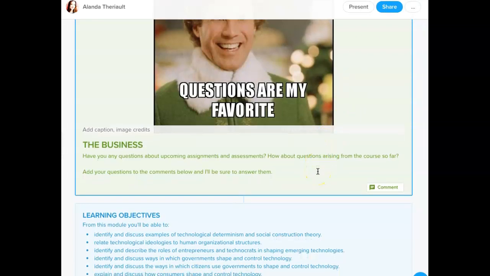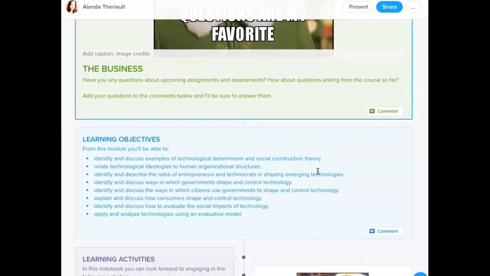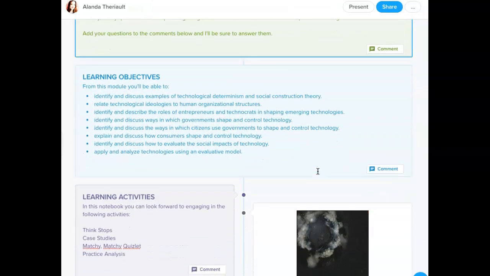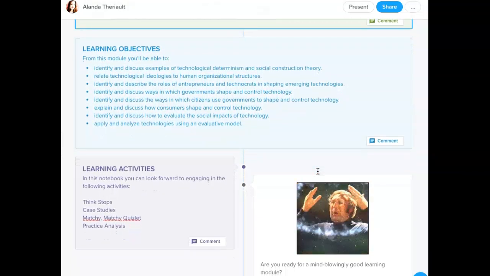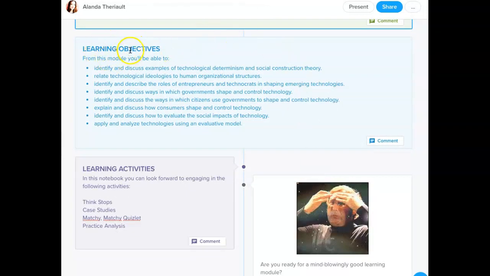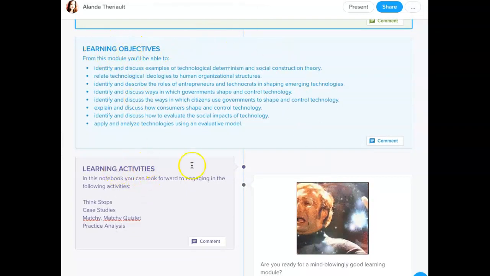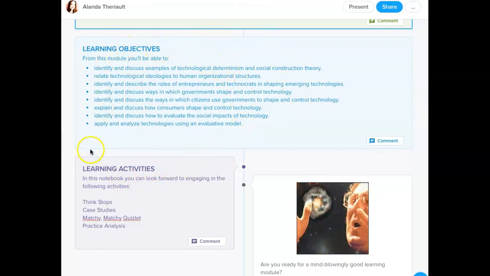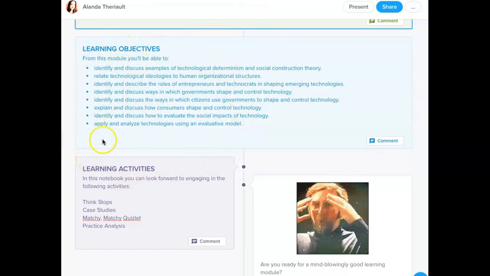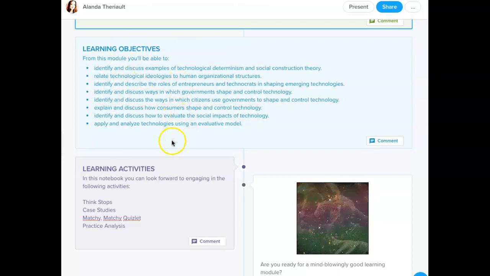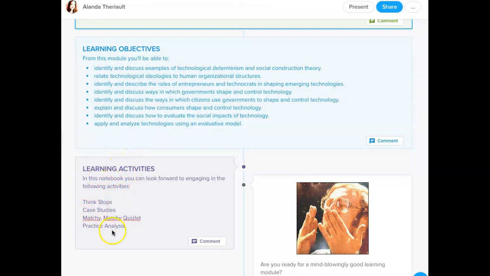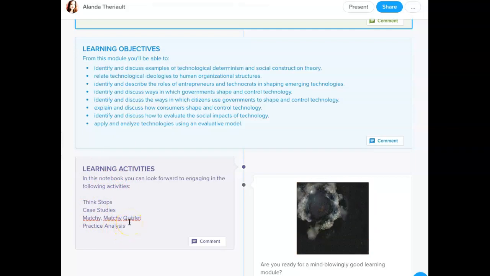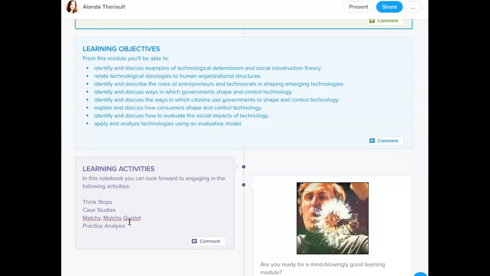That's convenient for you. One last thing about notebooks, I just want to give you a little bit of a heads up. As you are working on your seminar outlines, where I ask you for learning objectives and activity samples, I have included these in our notebook so that you can get a sense of what sorts of things you can say when considering your learning objectives, or what sort of things you can possibly do for your learning activities in your final Sutori seminar.